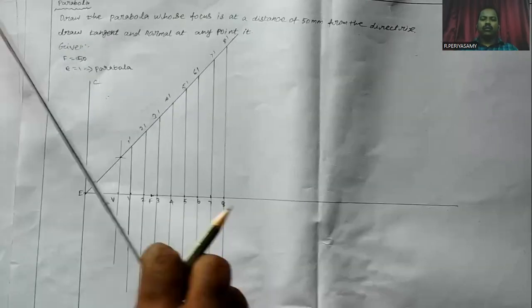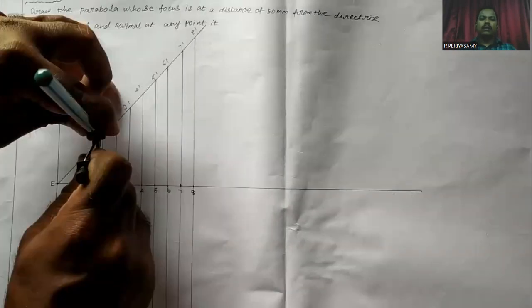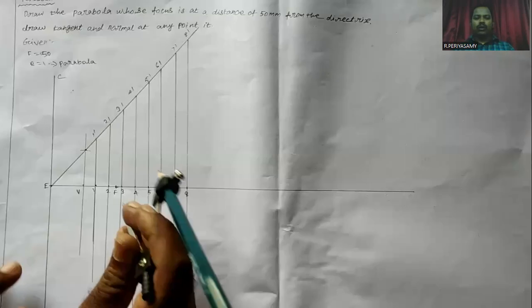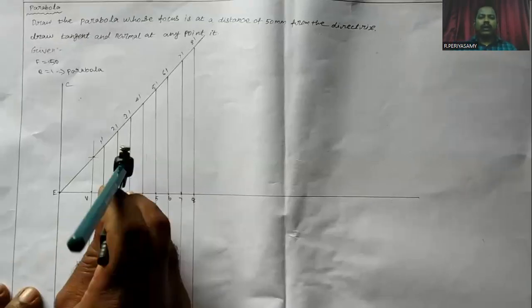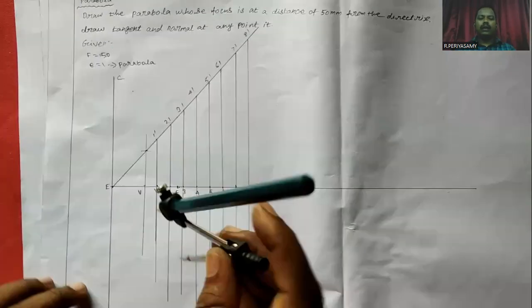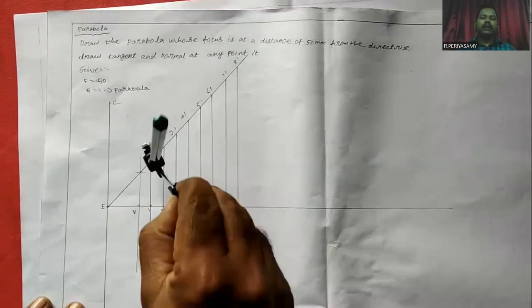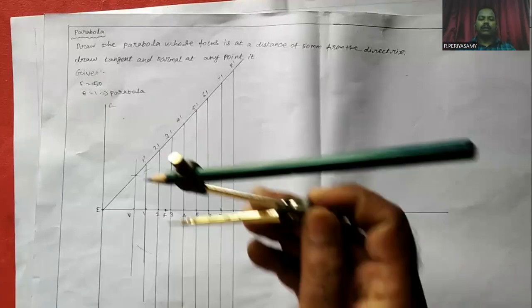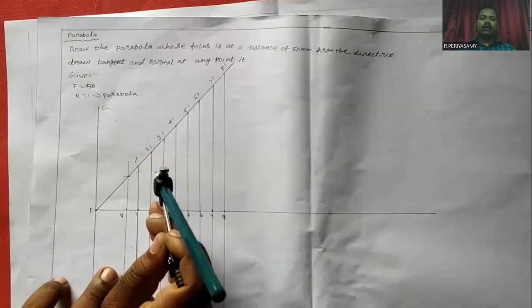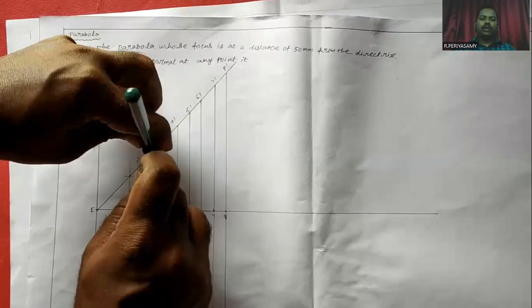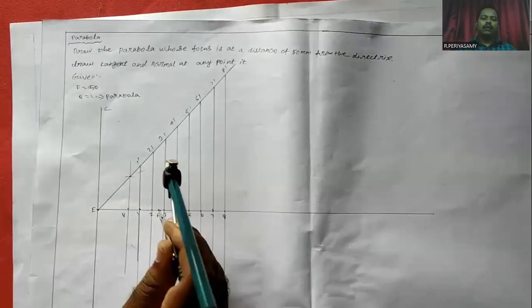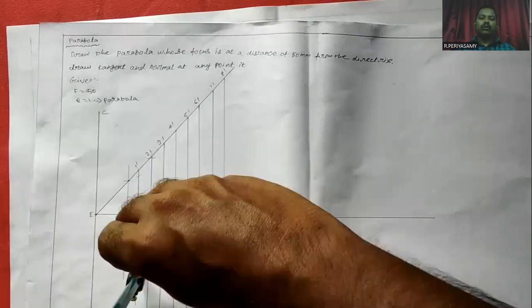Next, we measure the 1 dash distance. We fix the compass at 1 and measure the distance to 1 dash. Then we keep the compass at the focus point and cut an arc above and below the 1 dash line. In the same way, we follow for all 8 points. We measure the 2 dash distance, keep the compass at the focus, and make arcs above and below the 2 dash line.